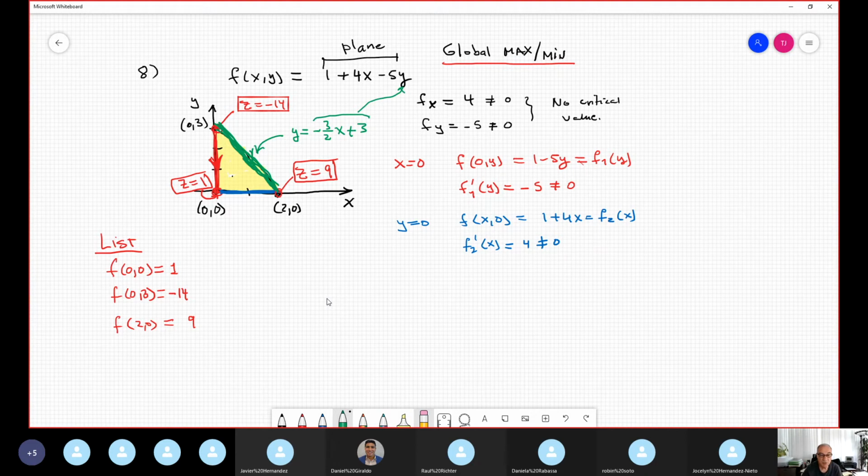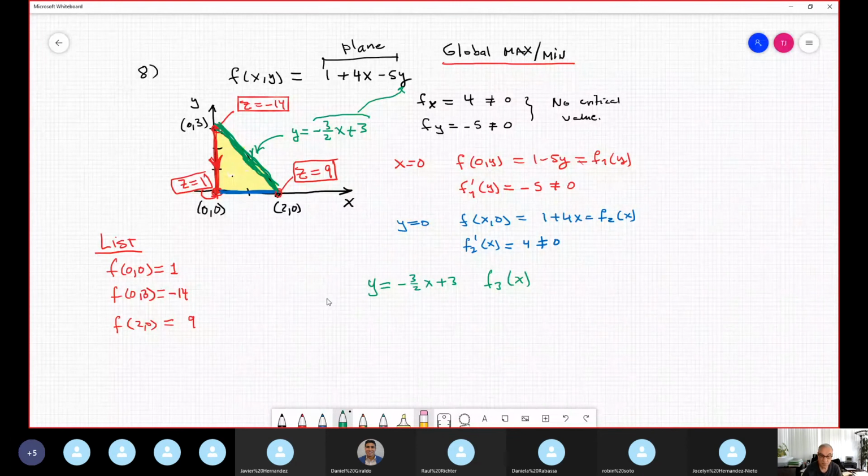Suppose now that you navigate along the line y equals minus 3 over 2 x plus 3. So we have a function called f3, depending only on x, because you replace y.